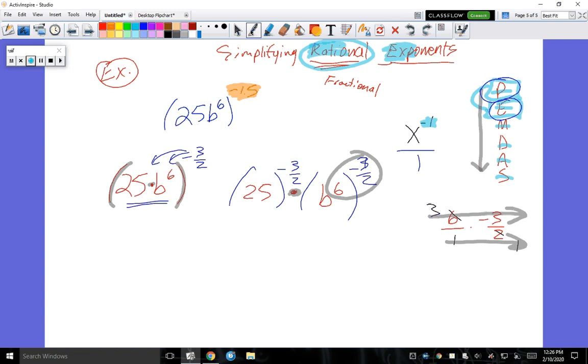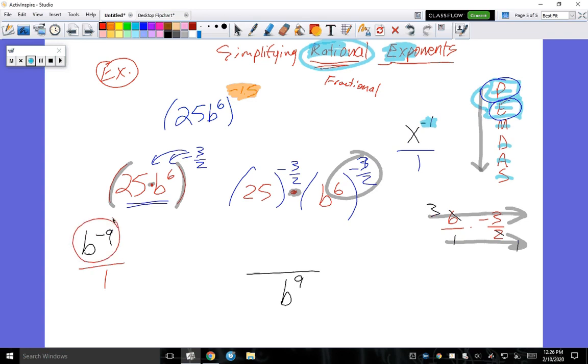If I wrote b to the negative 9, again, we're trying to take this negative out of the world. I'm going to actually write it as b to the positive 9, but where? In the denominator. Okay? Because, guys, over here, this is over 1. We don't want negative in the world.